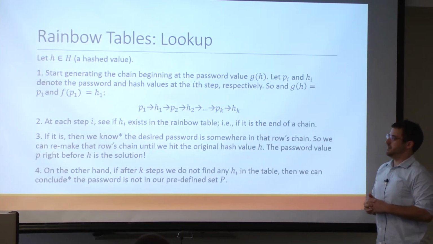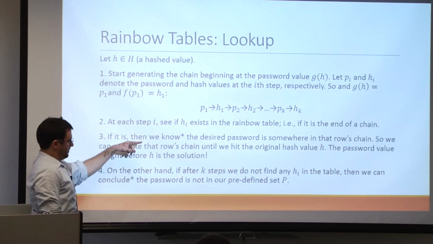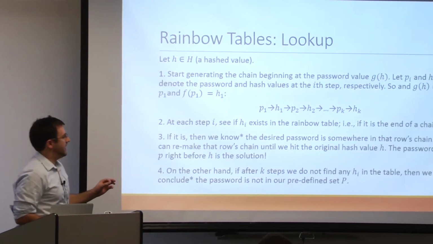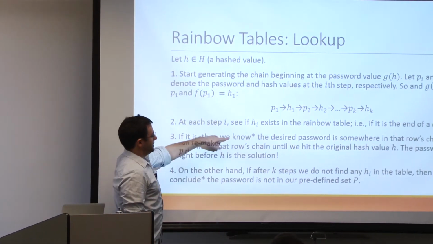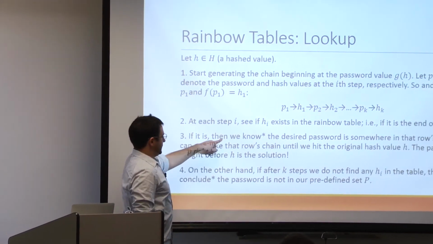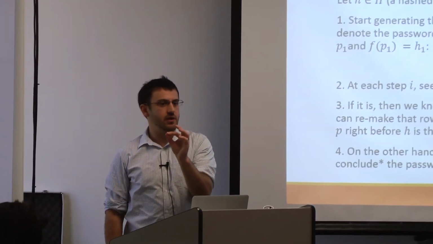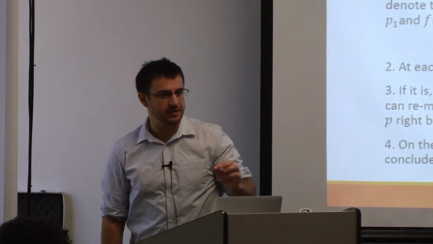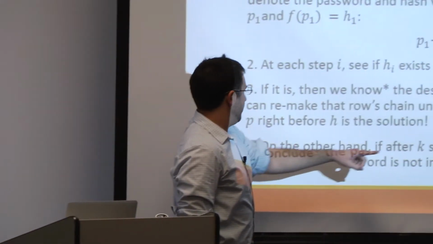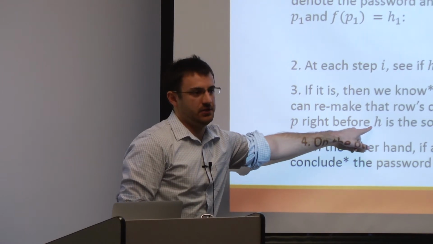Then we know that for that row in the rainbow table, even though we don't have that chain because we didn't save it, the password should exist in that chain somewhere. So if we have a hit, we regenerate that chain that we originally made a long time ago when we made the table. As you regenerate that chain, you're eventually going to find a password value that gives you your hash value, because your hash value is in that chain.